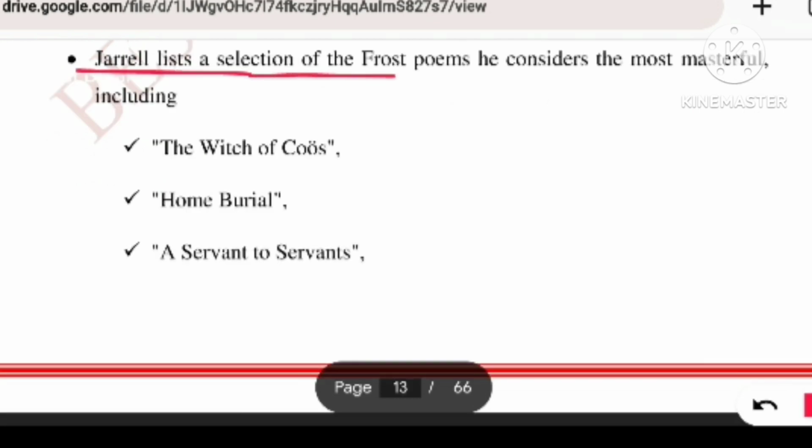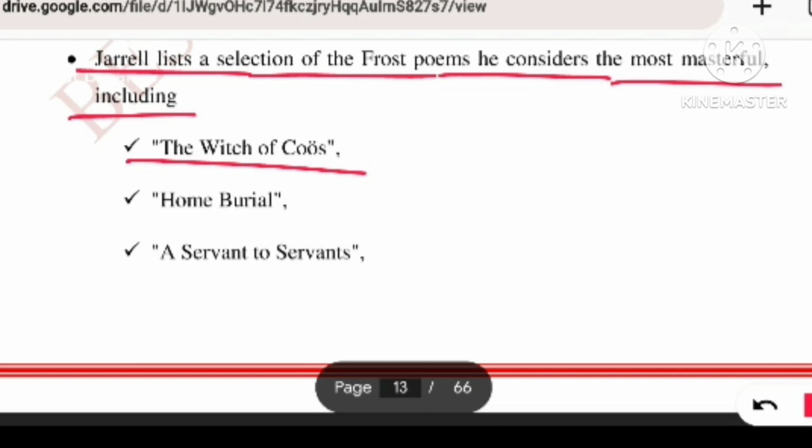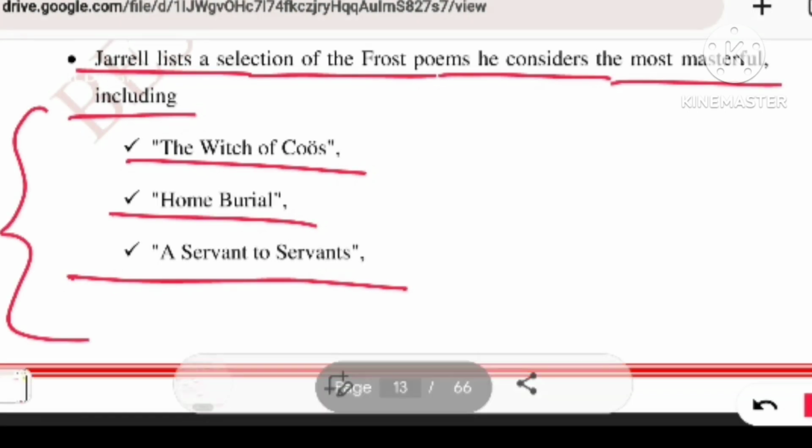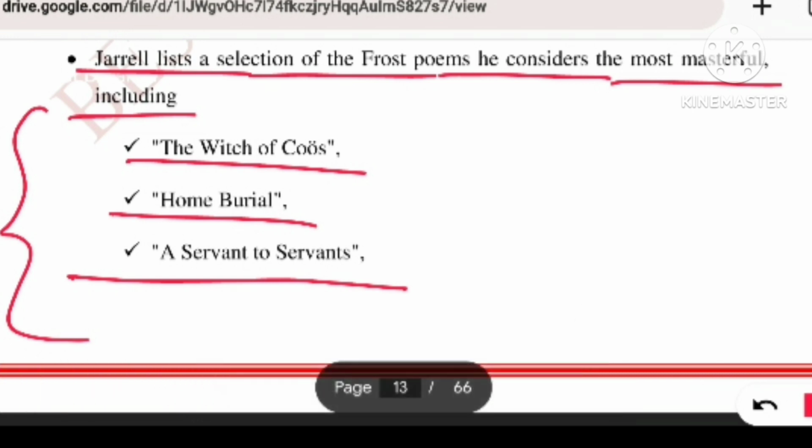Jarrell lists a selection of the Frost poems he considers the most masterful, including The Witch of Coös, Home Burial, A Servant to Servants, and there are many more, and all these we will be doing in our class again. So keep in mind that according to this critic, these were the poems which were close to his heart.